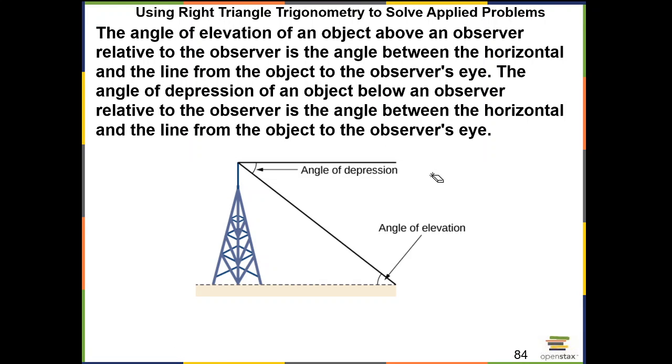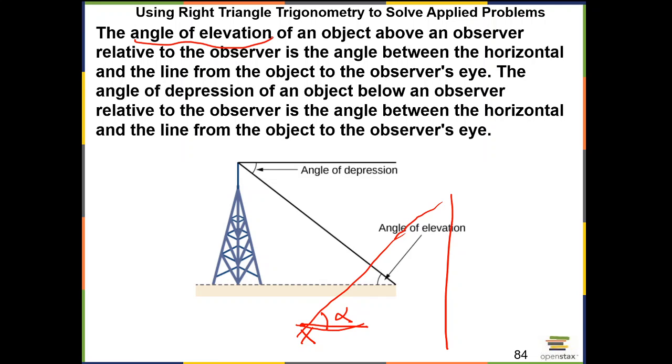Now, there are 2 important concepts in application problems, and those are angle of elevation and angle of depression. So if you're standing here and there is a tower in front of you, let's say this is a tower, so you look up to the tip of the tower, right? This angle, that line from your eyes to the tip of that tower makes with the horizon is called the angle of elevation.